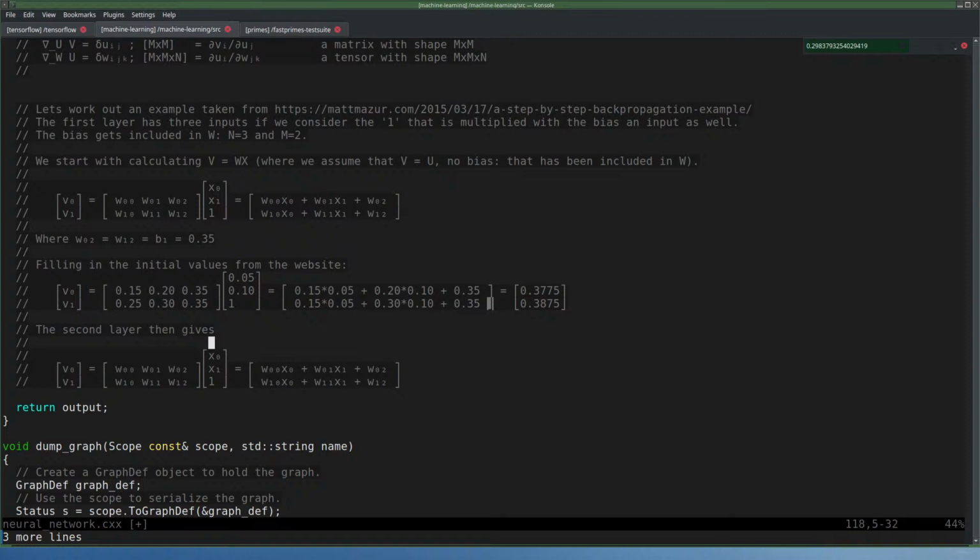So really, it's going to be the activation function of V0.